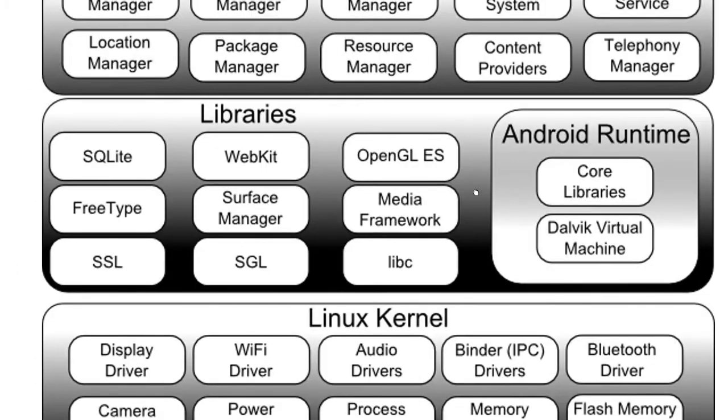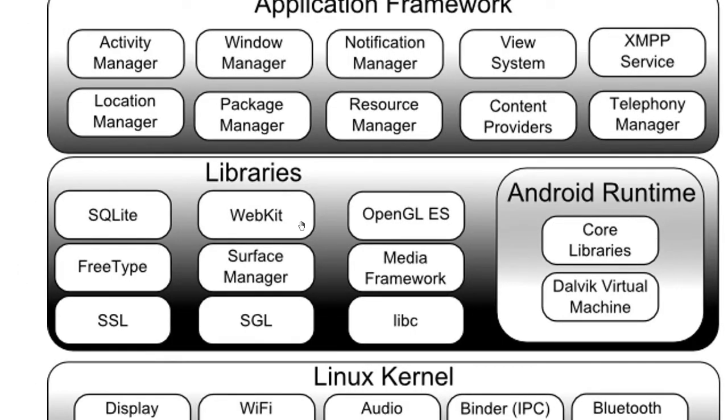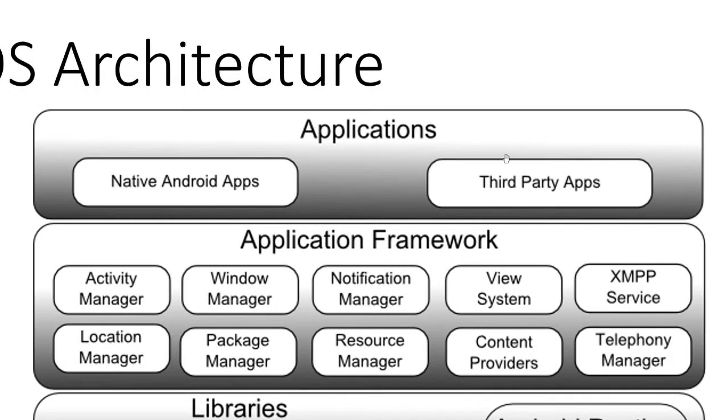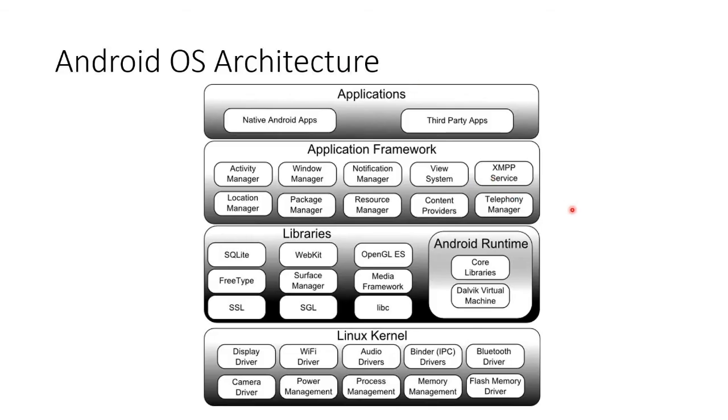And at common libraries, opportunity for malicious DLLs, well, I don't think they're called DLLs, but for malicious blocks of code. And then for the user apps, there are different services like managing activities, location, your window, your notifications, your views, your telephony, your content, your resources, and then the apps themselves. Some come with Android, some you download from Google Play or elsewhere. So this is the Android OS architecture.